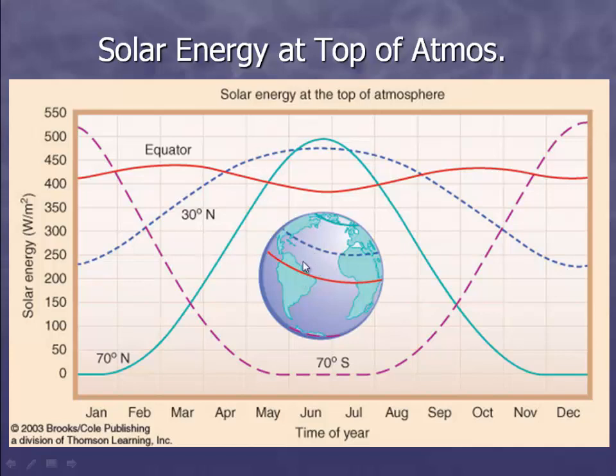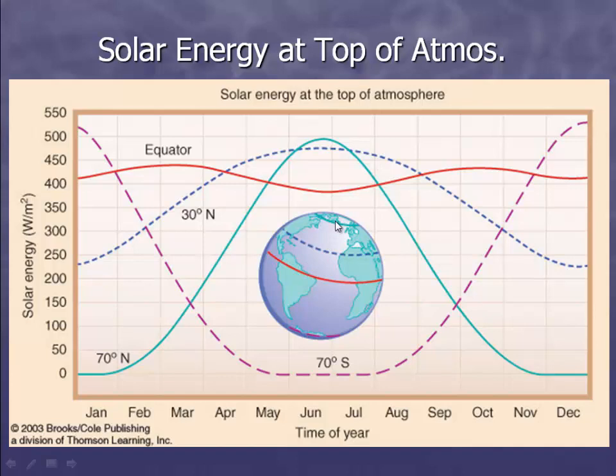As you start to step away from the equator, take a look at what happens. The next blue dashed curve is 30 degrees north. At 30 degrees north, we now fluctuate anywhere from 475 watts per meter squared down to 225 watts per meter squared. And when you're in the northern hemisphere, you can see that most of the incoming solar radiation is happening during May, June, and July.